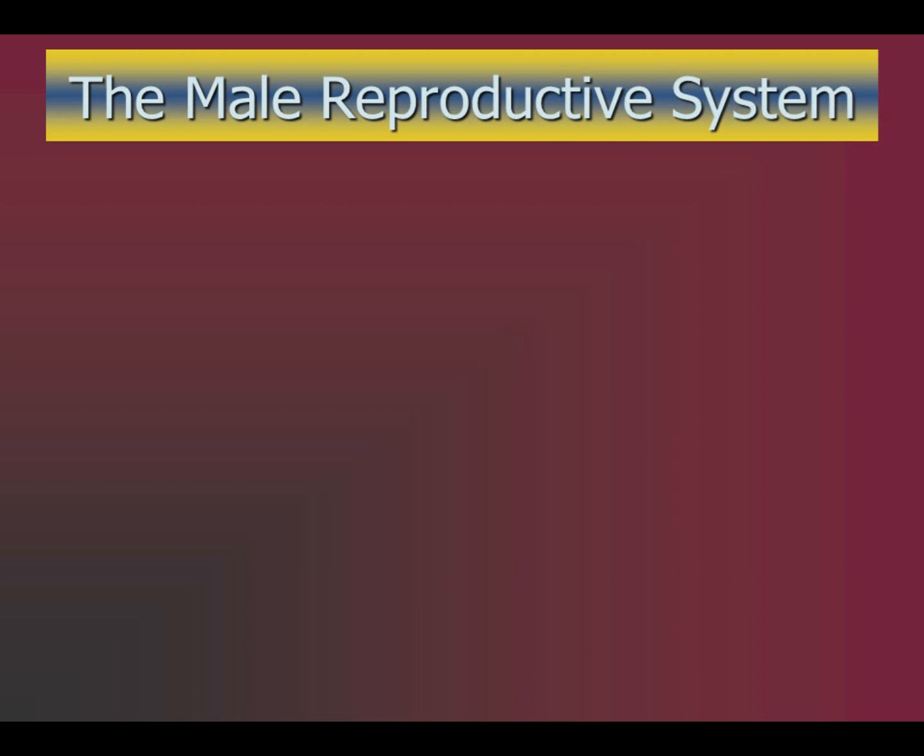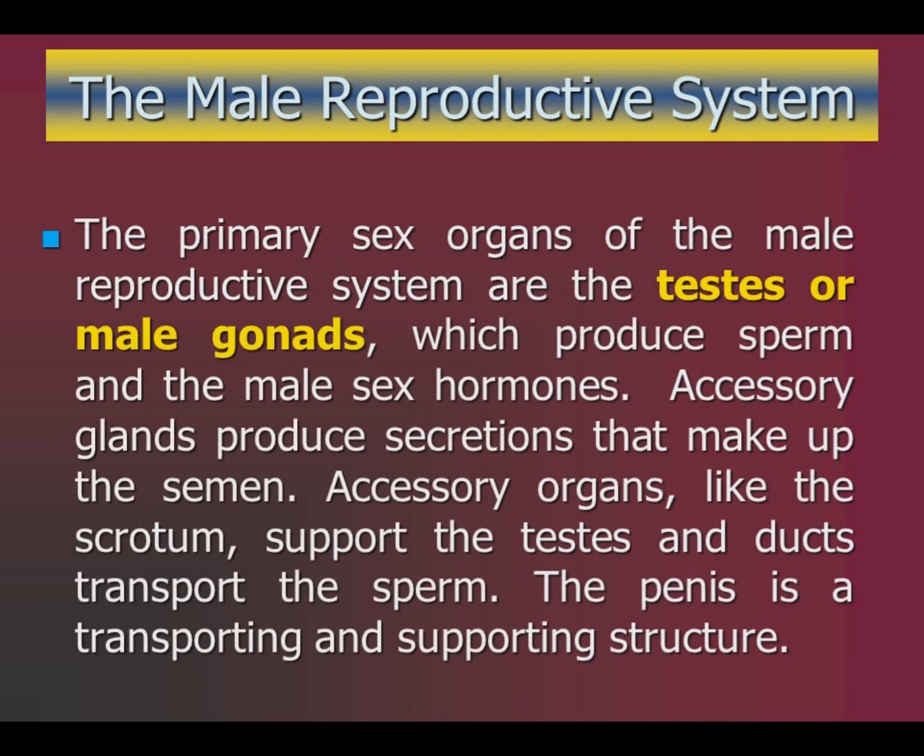The male reproductive system. The primary sex organs of the male reproductive system are the testes, or male gonads. These organs produce sperm and the male sex hormones. There are also accessory organs, like the scrotum, that support the testes.